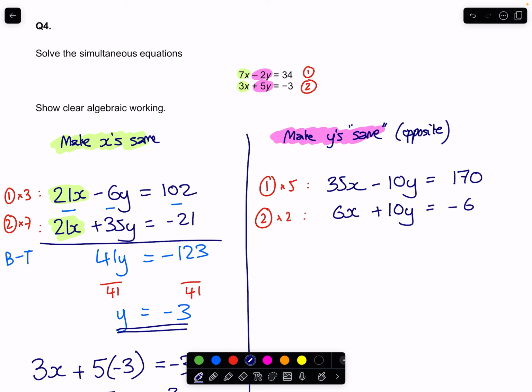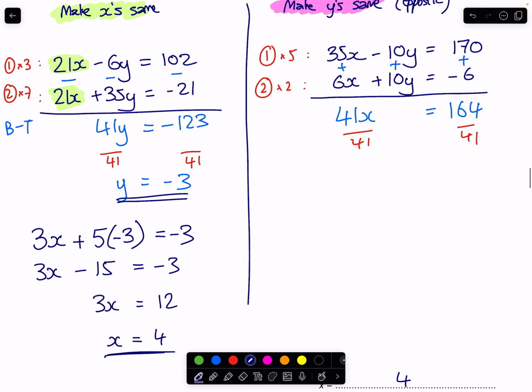In order to make these y terms cancel, because one of them is positive and one of them is negative, if we add them together, they will cancel, and this makes it easier for the other stuff. We'll have a 35x plus 6x, giving us a 41x. On the other side, we have 170 plus a minus 6 gives us 164. Divide both sides by 41 here, and we end up with x equals 4.